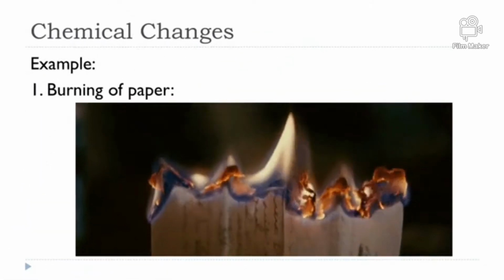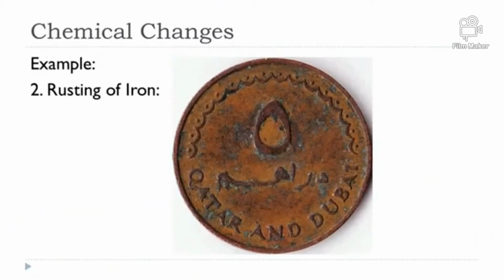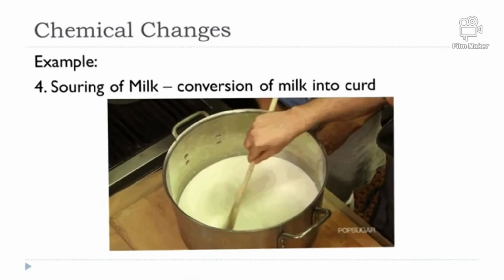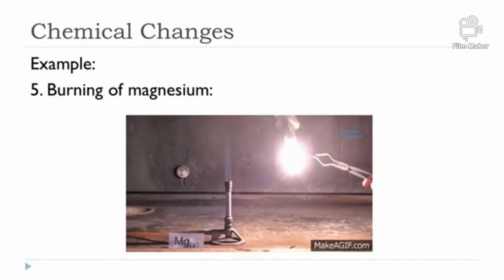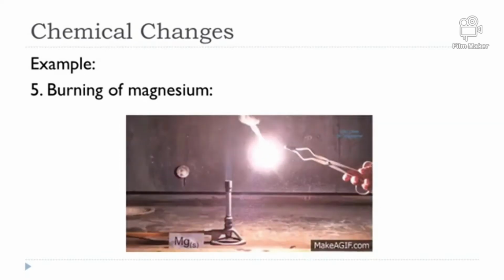The very first examples of a chemical change are burning of paper, rusting of iron, cooking of food, souring of milk, conversion of milk into curd, burning of magnesium. You may take an example: boiling of egg.